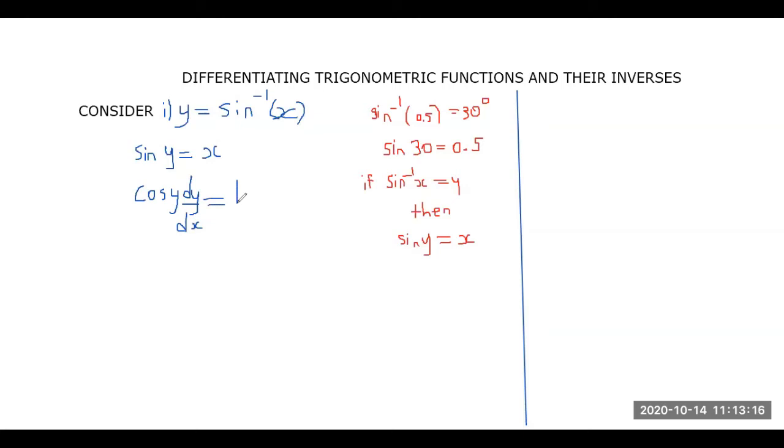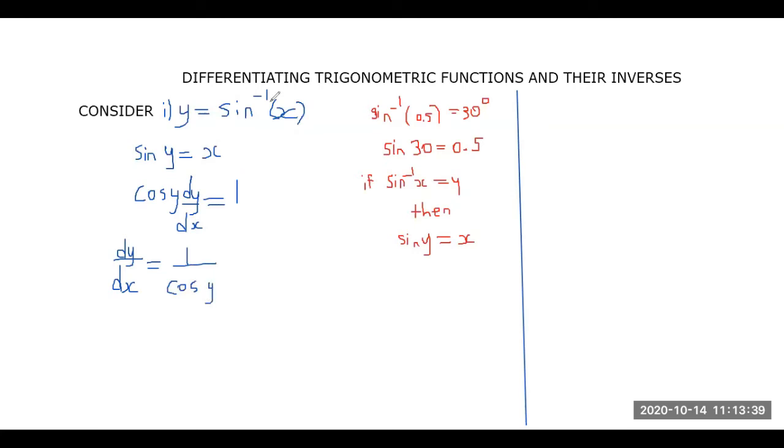Dividing both sides by cosine y, we get dy by dx equal to 1 over cos y.